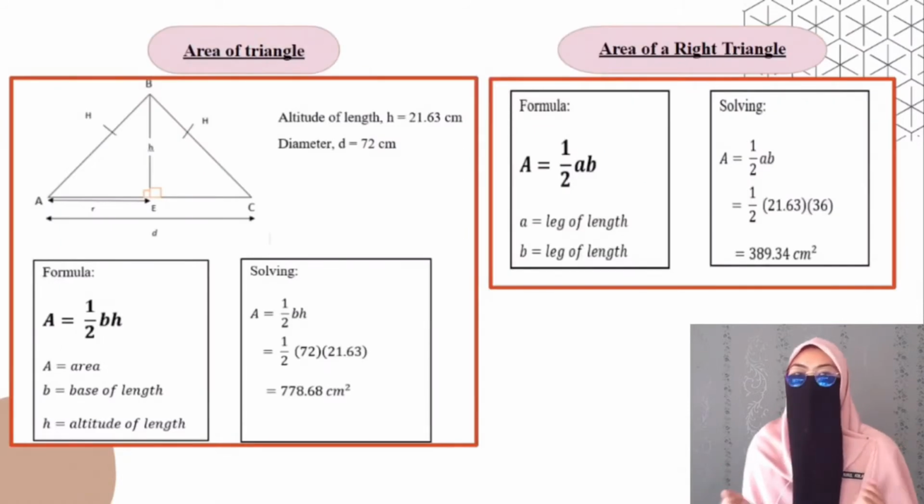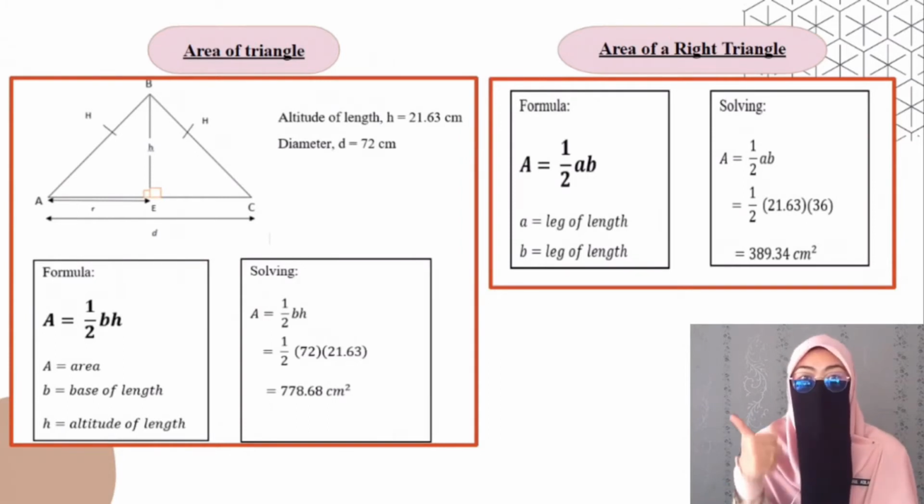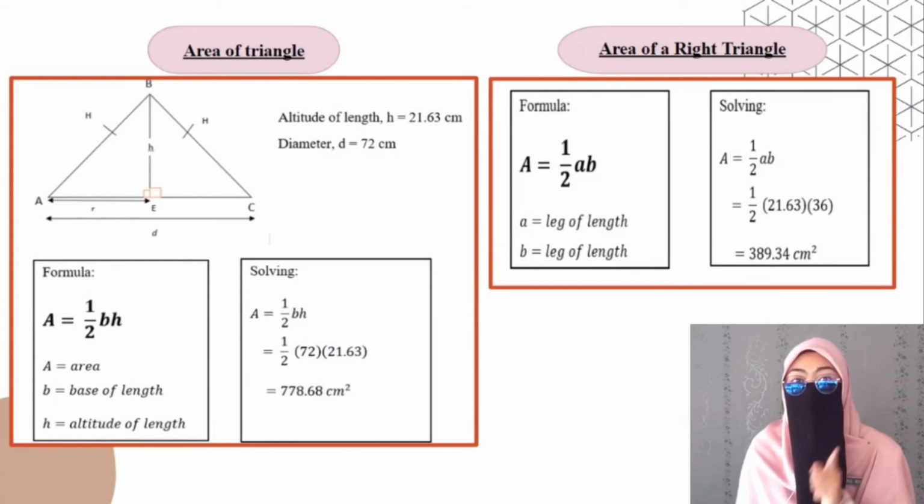Last but not least, from the isosceles triangle, we can define the area. For the area, we can use two formulas, which are the area of the triangle and the area of the right triangle. For the area of the triangle, we must use the formula A equals 1/2 BH, B as the base and H as the altitude. We can define the value of the altitude from the theorem.